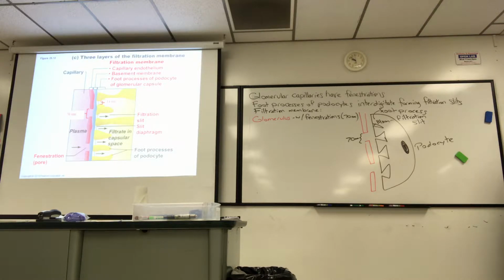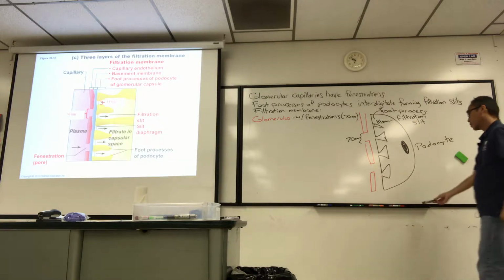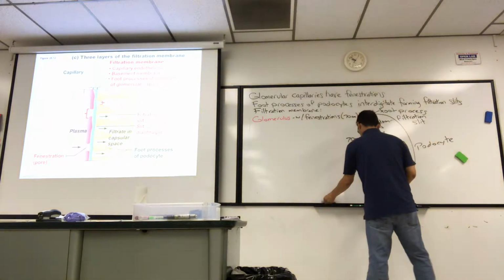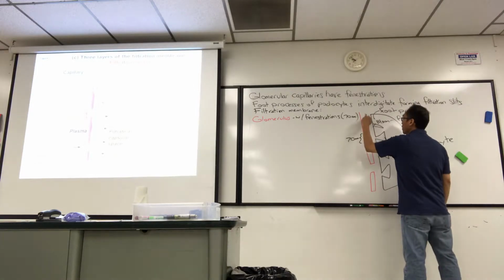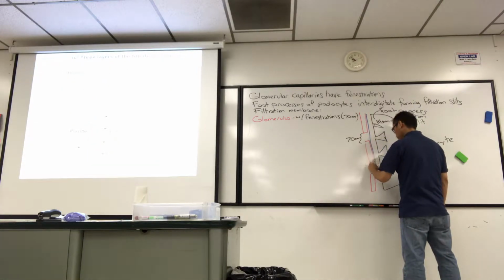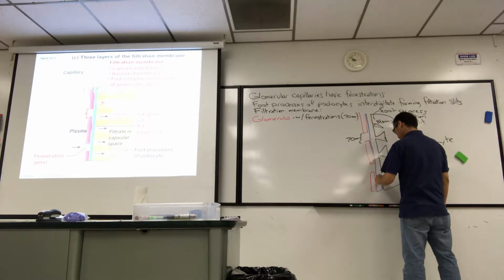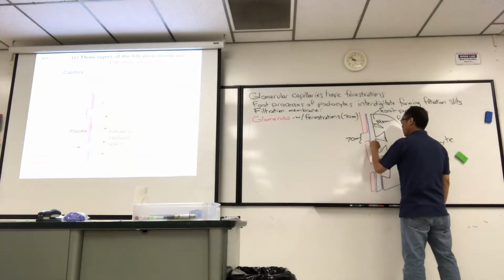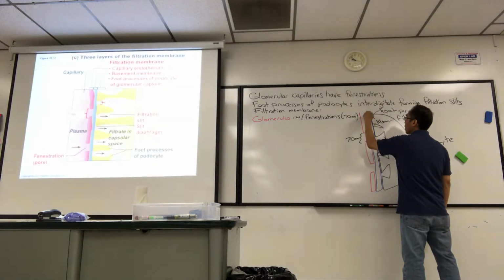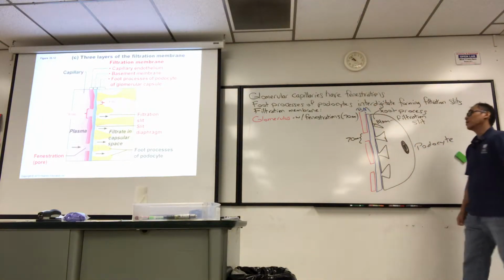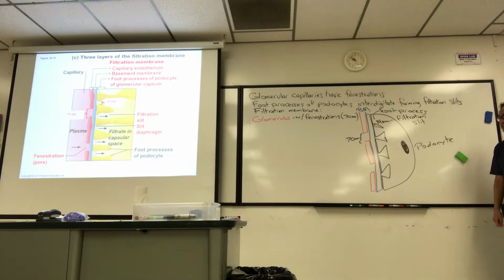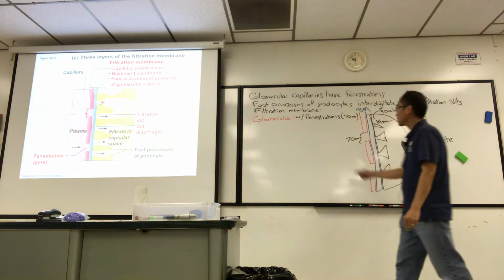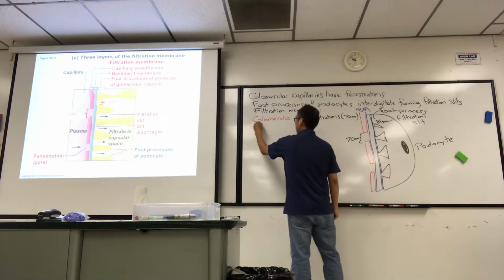And then these two things are fused together with the basement membrane. I'll put BM, basement membrane. It's a connective tissue that fuses those things together. And so our filtration membrane is the glomerulus, the basement membrane, BM.